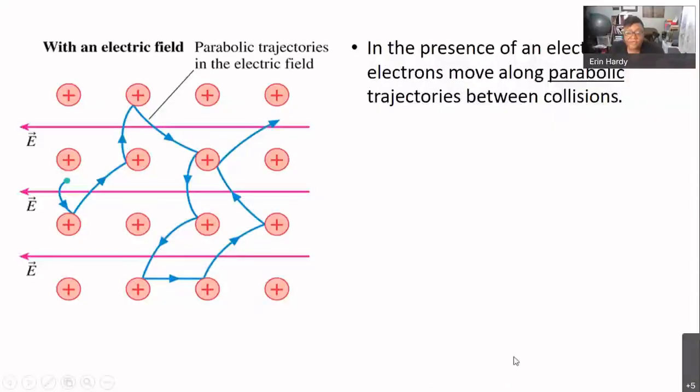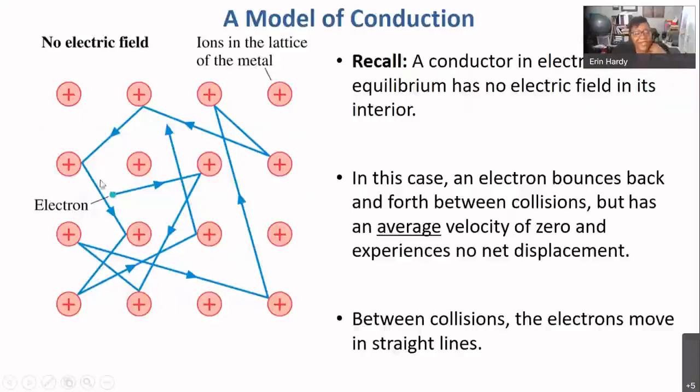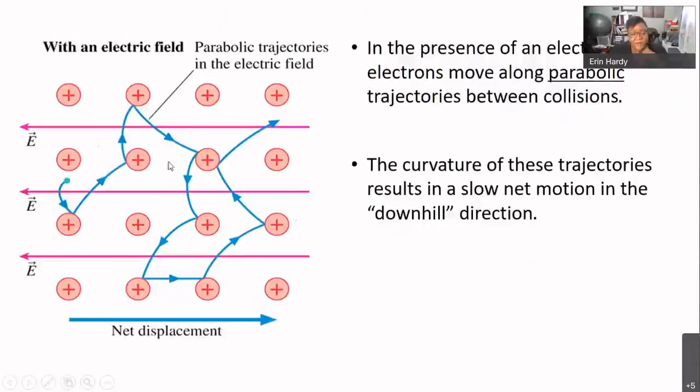Let me phrase it this way: the only time this electron is experiencing a force is when it's undergoing a collision with one of the positively charged nuclei. But that's not the case for the non-zero electric field scenario. There's a force that comes from the field itself that's acting on these particles, that we can combine with the force that the particle feels when it's undergoing a collision with a positively charged nucleus.